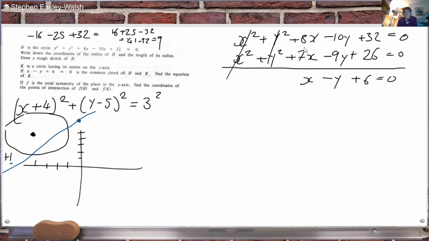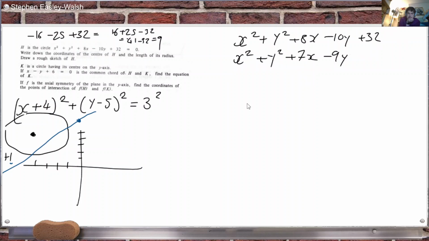Okay. So then if it doesn't have an x, this will have to be a 0x. So when I subtract, they're gone, and that will be 8x. This here will have to be 8y.